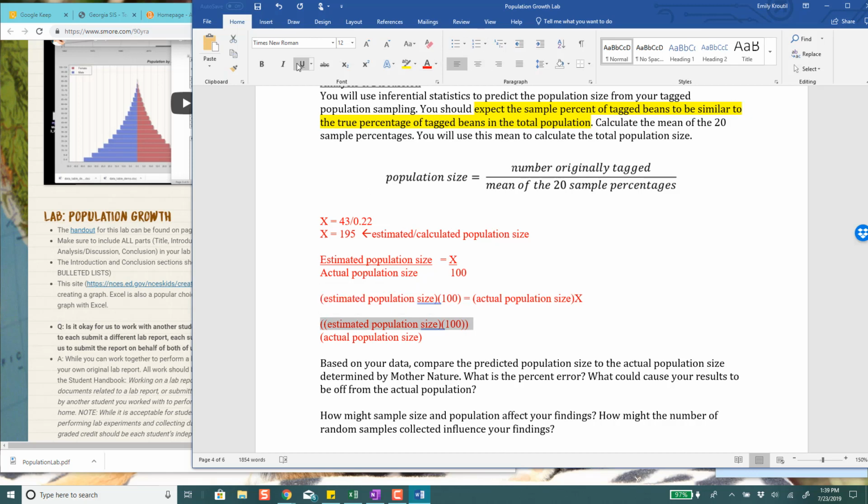So we'll do an example. Okay, so that's how you would get X.